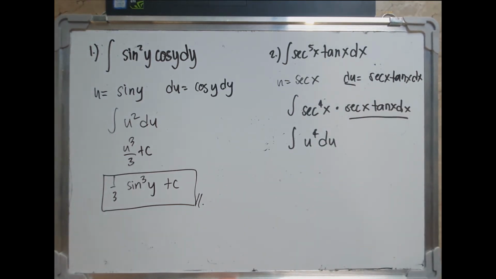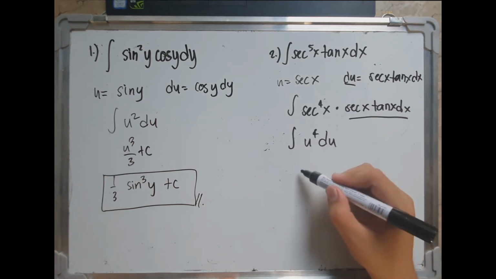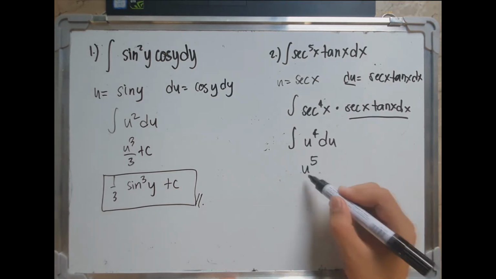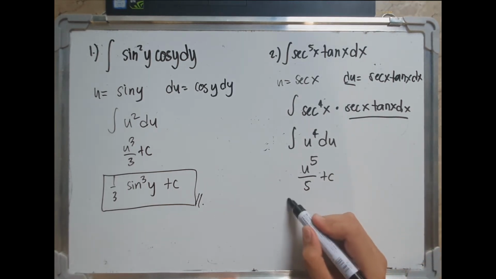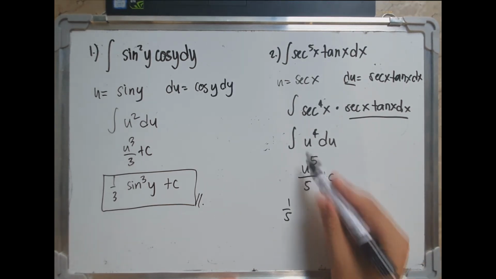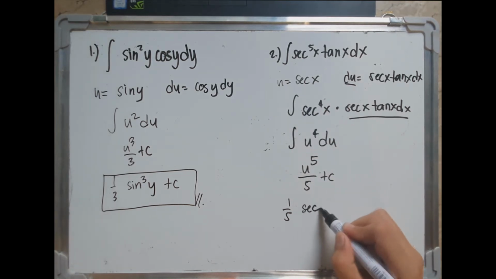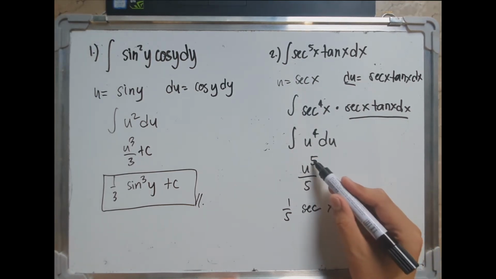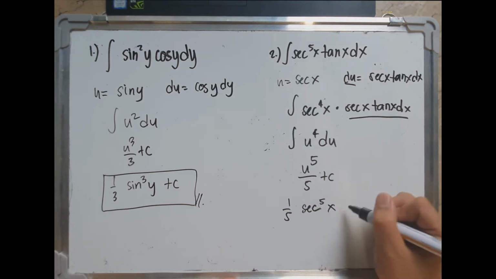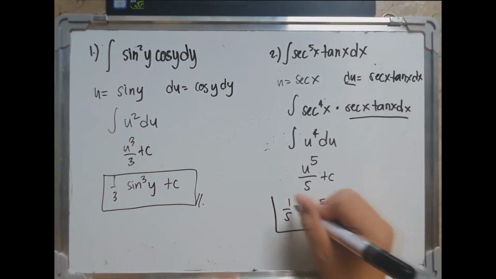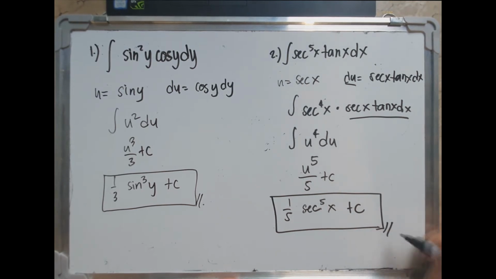Okay, so u raised to the power of 4 du is u raised to the power of 5 over 5 plus c. Or we shall have 1/5. The u is secant x, and since this is raised to the power of 5, this is secant raised to the power of 5x plus c. That will be our final answer.